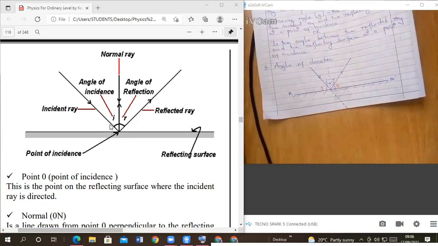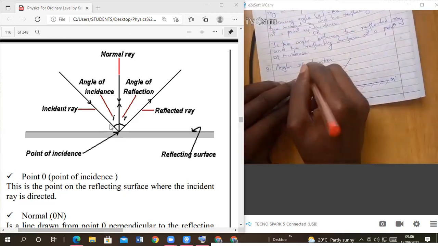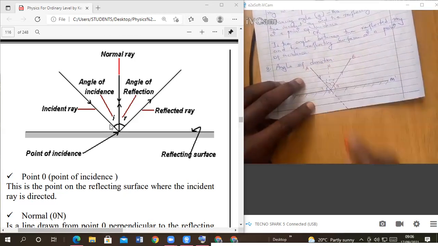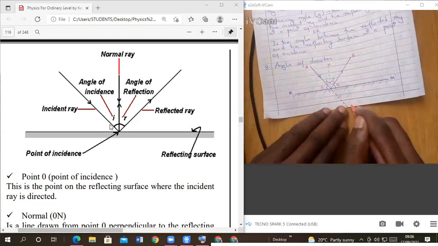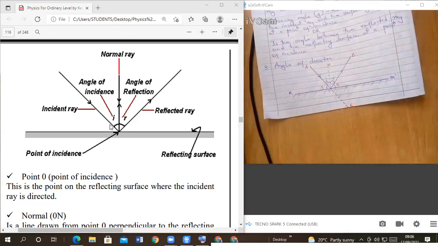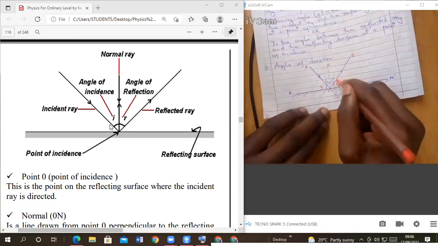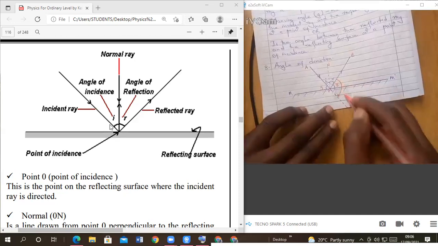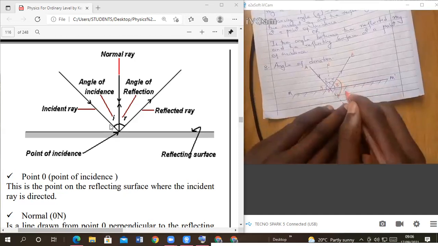So if this is point A, or B, this is N, I can call that one point C. The angle from here up to that point is what we call the angle of deviation.